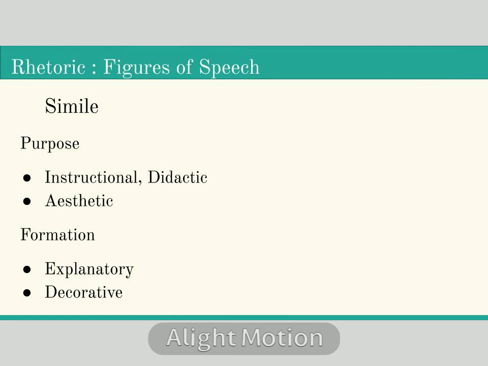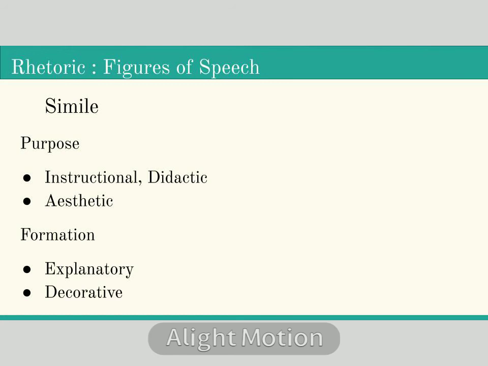So this kind of simile does not provide any explanation or make things easier to understand, but it serves the purpose of decoration or beautification, a decorative simile, you can say.